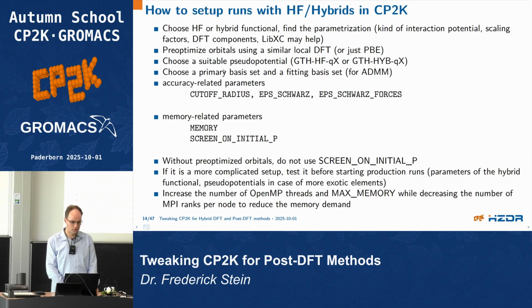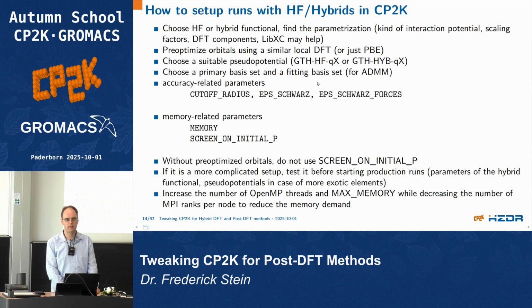You have to find a suitable pseudopotential. There's a variety of pseudopotentials available in CP2K. Either use the Hartree-Fock one or the hybrid ones, depending on your method. Then, of course, choose a primary basis set, and usually you want to apply the ADMM approximation. That means you also need to find a suitable fitting basis set.